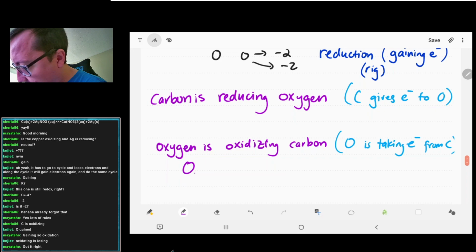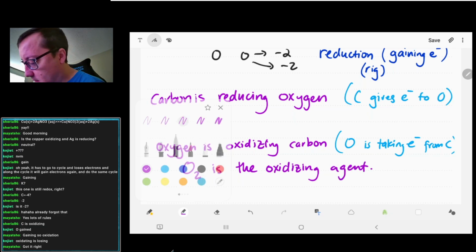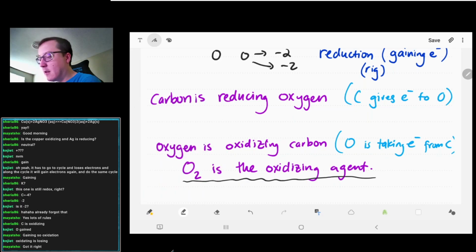We would say, therefore, that oxygen is the oxidizing agent. It is the one doing the oxidizing. And in the process of oxidizing something else, it is being reduced.